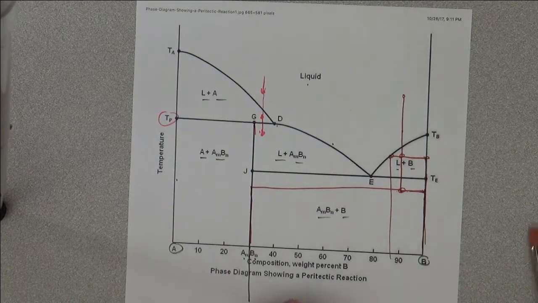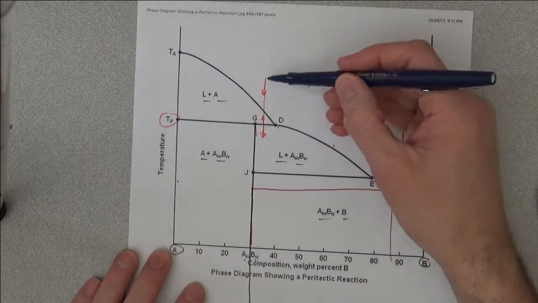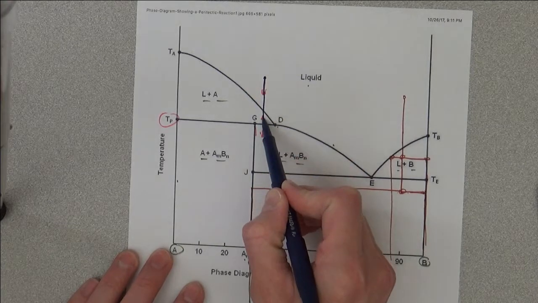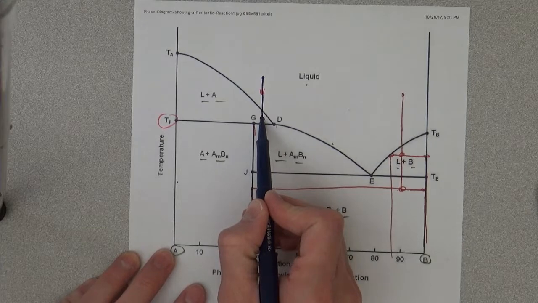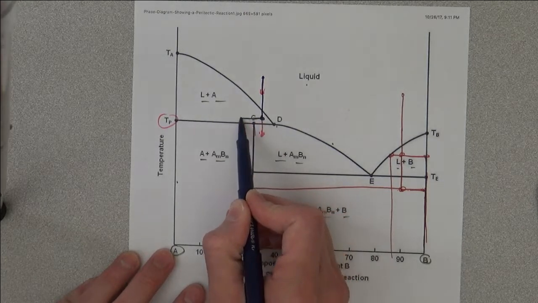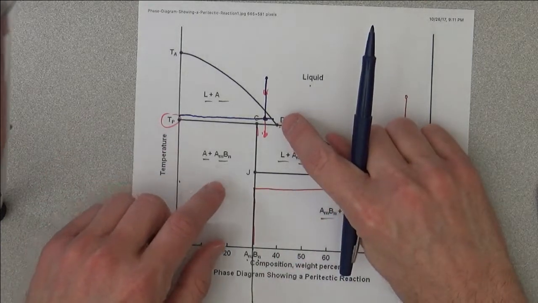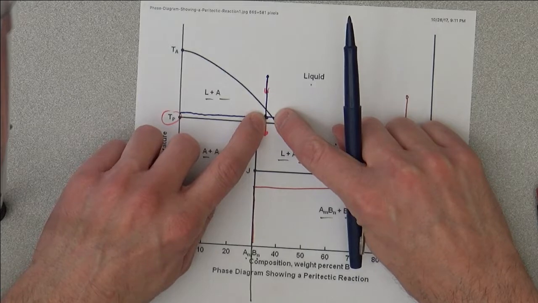Talking about this region with a peritectic, if I start in liquid, I cool down. At this point, I can talk about the phase fraction by drawing a tie line. The fraction of solid is this divided by that.